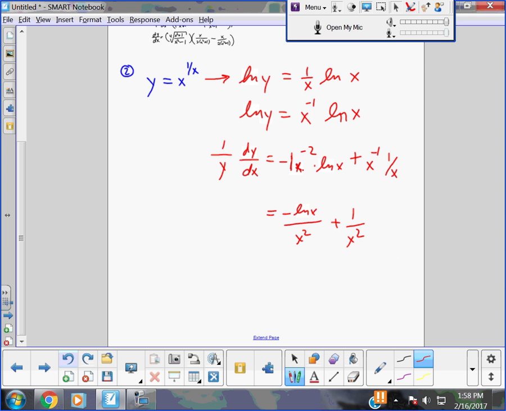And I can multiply by y, which immediately I knew y was x to the 1 over x. So there's y times, well, I'll write it in order so we see it. I probably would write it as 1 minus ln x, or if there's a multiple choice answer on it, it would probably be written as 1 minus ln x, not negative ln x plus 1. So we should see that that could be either way.